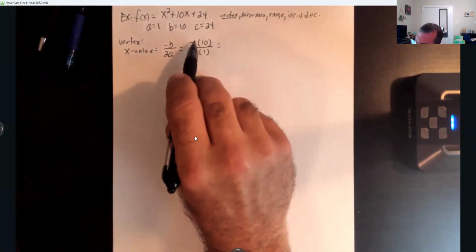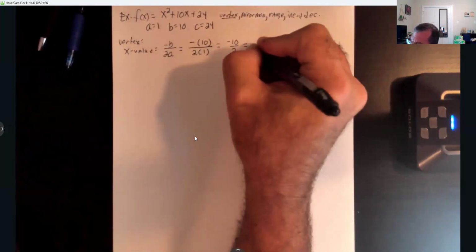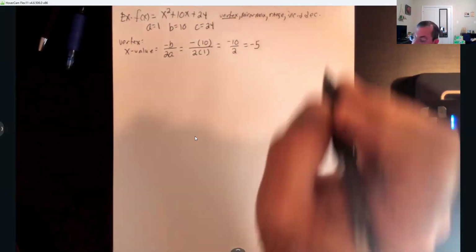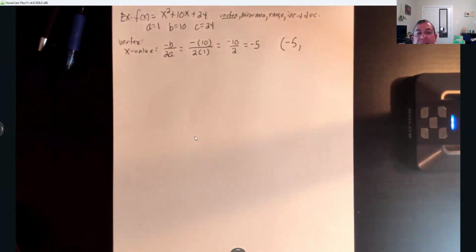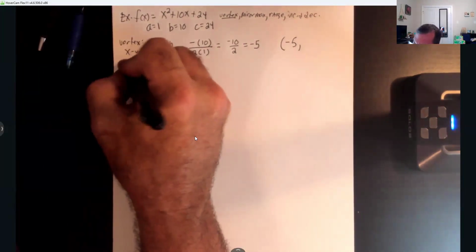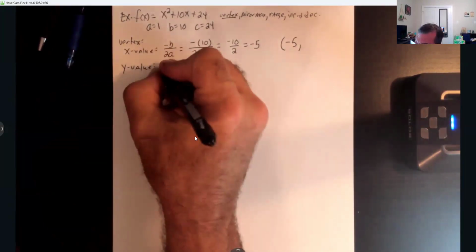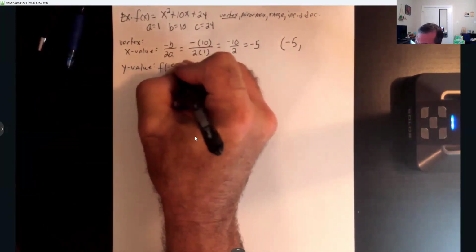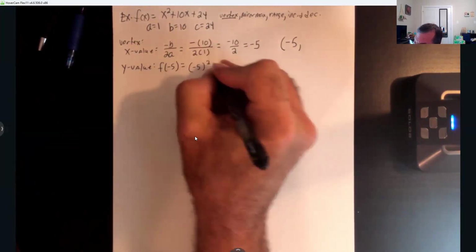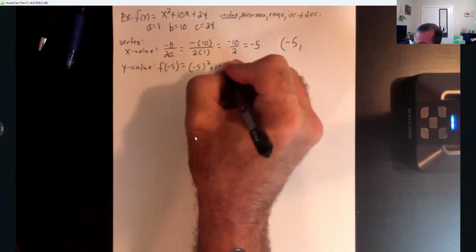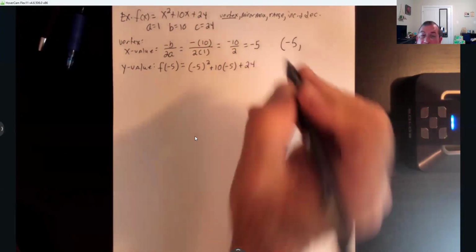So y'all, if you notice, that'll give me negative 10 over 2, which gives me a negative 5. So we know the vertex has a negative 5 for the x value. So we'll come back and use that to get our y value by finding f of negative 5. So that'll be negative 5 squared plus 10 times negative 5 plus 24.